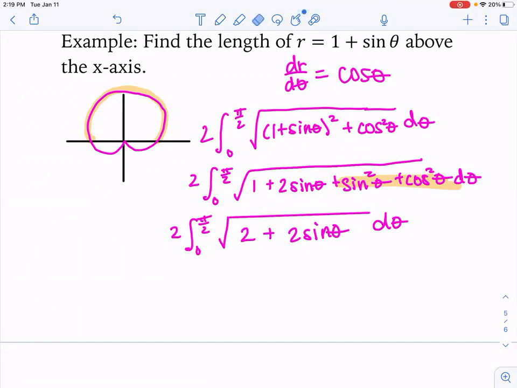So first of all, let's take Josh's advice and take out the 2. So if I take out the 2, it's still under the radical, right? So instead of 2 on the outside, I have 2 radical 2 on the outside.